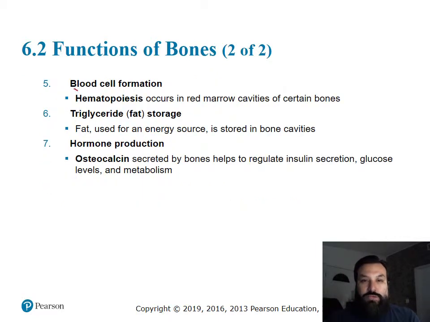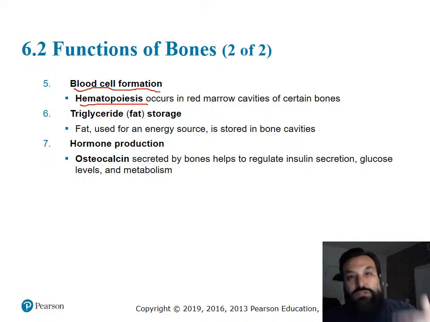Blood cell formation, right? You might not know this, but it's very interesting to note that we actually grow our blood cells in bone tissue. There's a particular place in bone tissue we call red bone marrow, found in certain bones, and in that red bone marrow is where we produce blood cells.